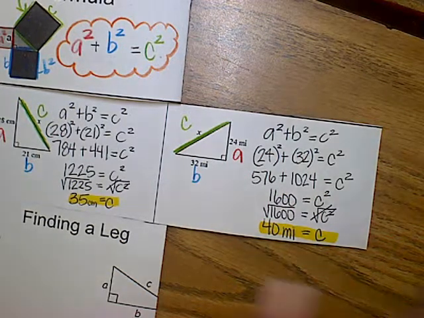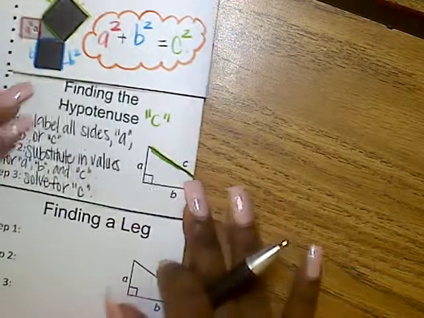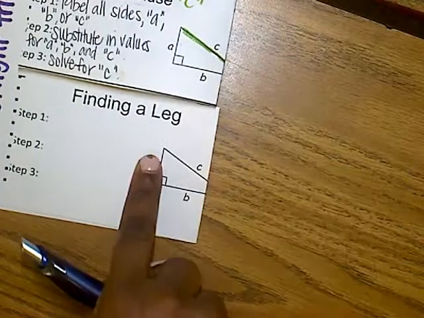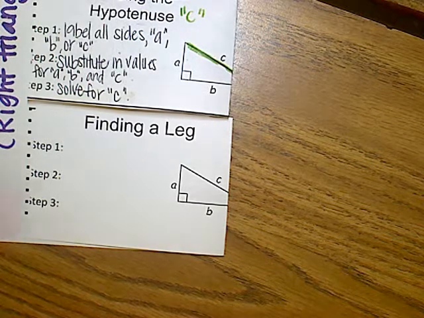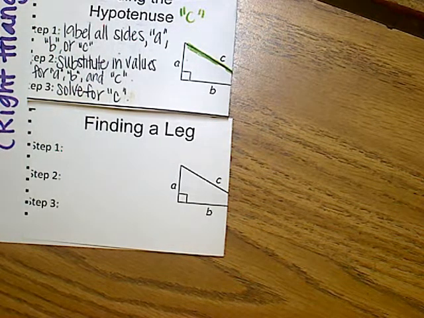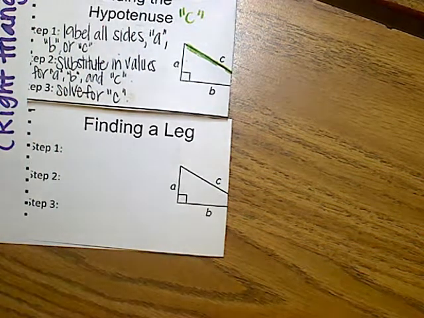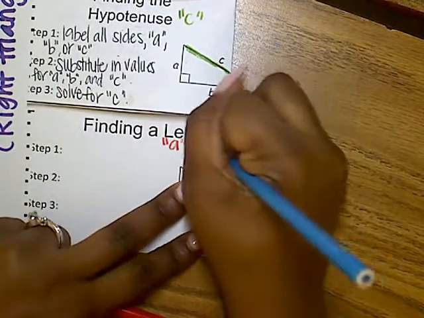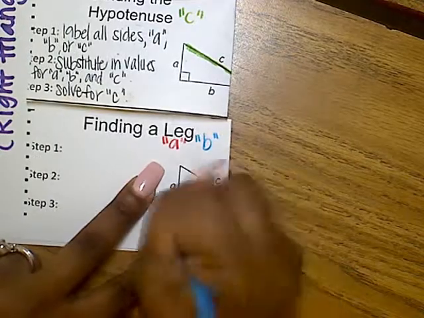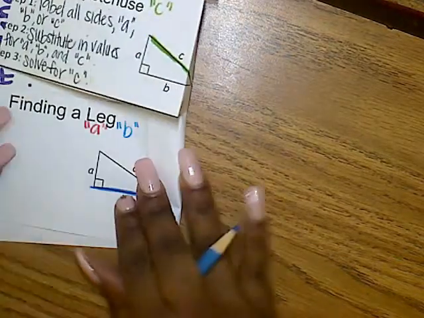Okay? So now we're going to go back to the front and we're going to find a leg. So again, your legs can be B or A, excuse me. So it's either going to be A or it's going to be B. So these are your legs that we could potentially be finding.